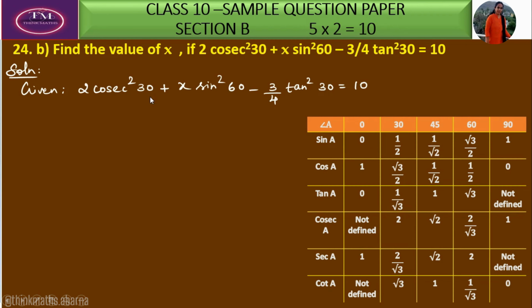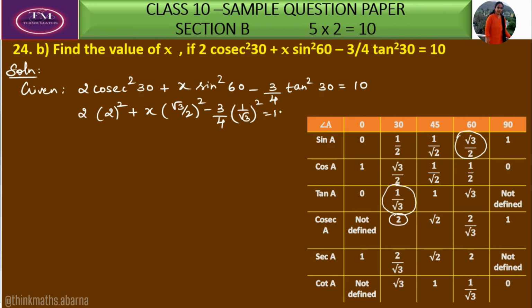Cosec 30 is 2, so instead of cosec 30 we write 2 squared. What is sin 60? Sin 60 is root 3 by 2, so (root 3 by 2) whole squared, minus 3 by 4. What is tan 30? Tan 30 is 1 by root 3, so (1 by root 3) squared, which is equal to 10.